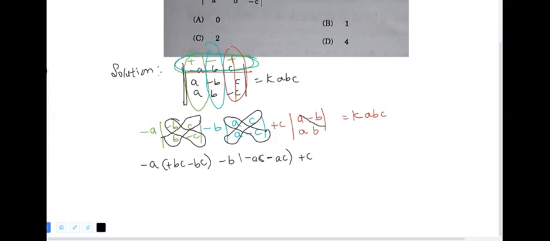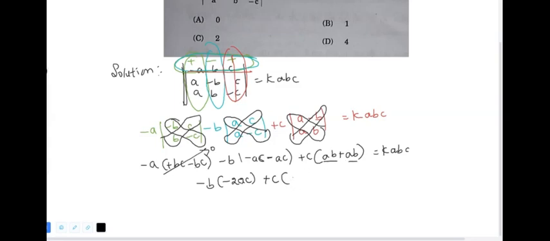Then plus c, a into b is ab, and minus of minus becomes plus, a into b is ab, equal to kabc. This first bracket becomes 0 because we have positive and negative values. Then it is minus b into minus 2ac, so minus 2ac plus c times 2ab, equal to k times a into b into c.